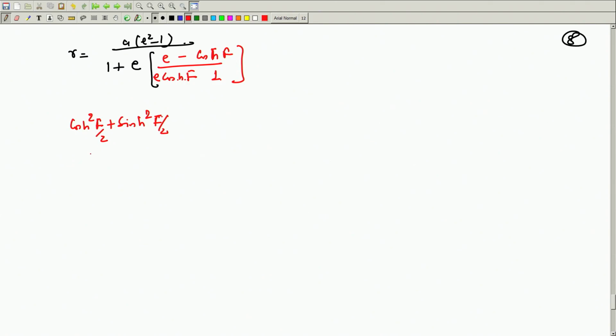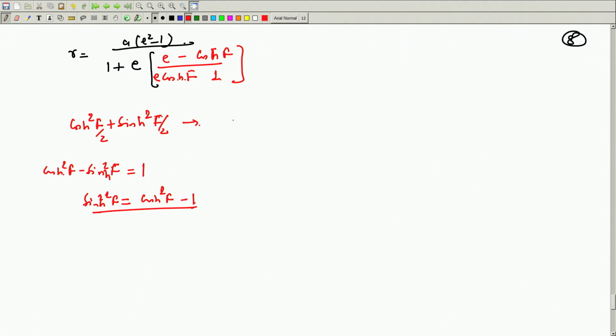We know that cos hyperbolic square f minus sin hyperbolic square f equals 1, or sin hyperbolic square f will be cos hyperbolic square f minus 1. Okay, so we can utilize this information here.